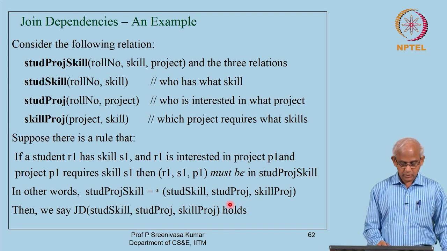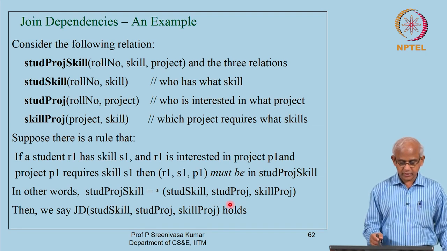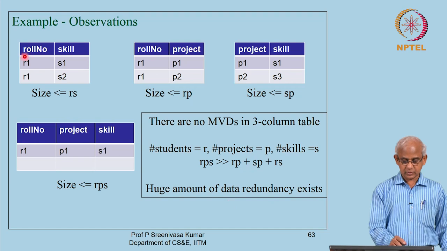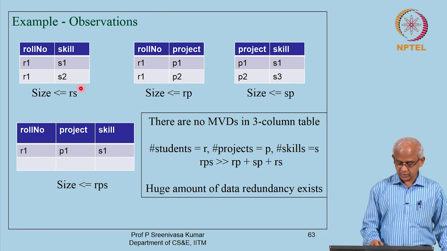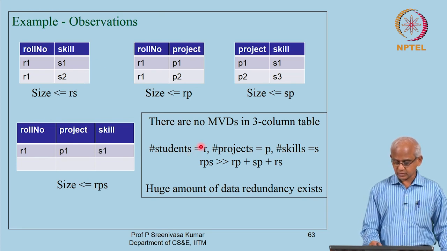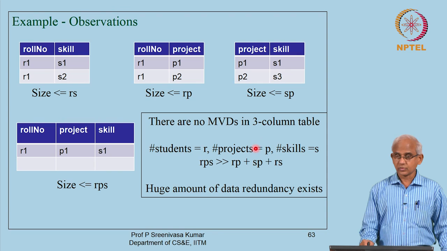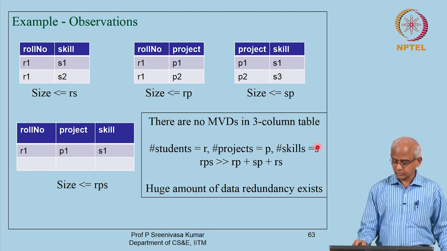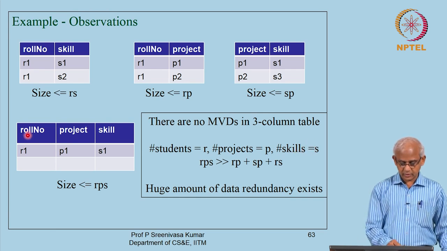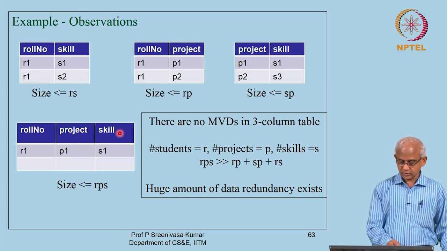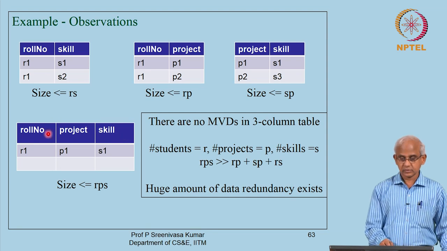Now, if you look at the actual data, like roll number skill, roll number project and project skill individual relations, let us say there are some R number of students, P number of projects and S number of distinct skills. We will also notice that in this 3 column table, there are actually no multi-valued dependencies.